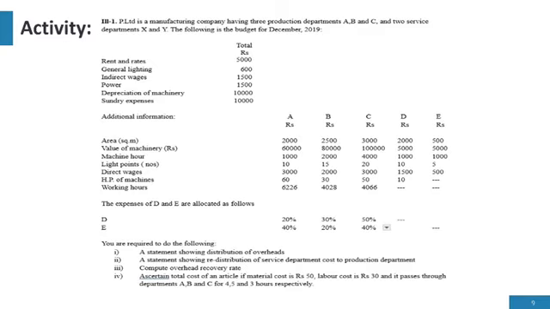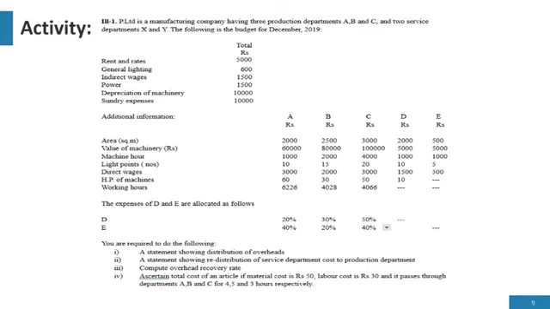This statement shows how the total expenses are allocated among the A, B, C, D, and E departments. Area 2020, 25,000 and 3,000 and 2,500.